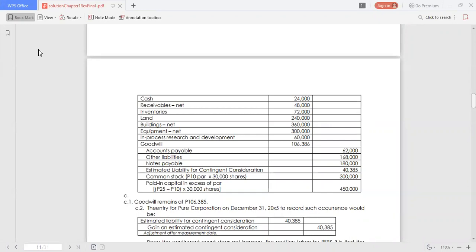Then we have common stock 300,000 and credit paid in capital in excess, that's 450,000.